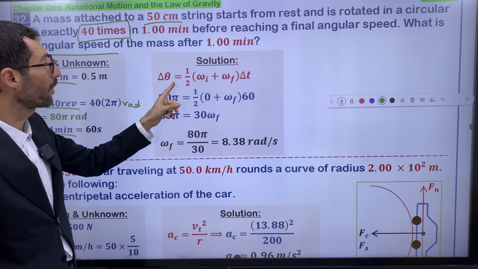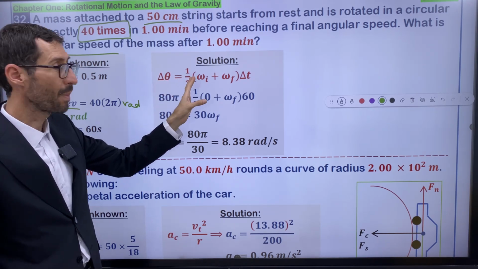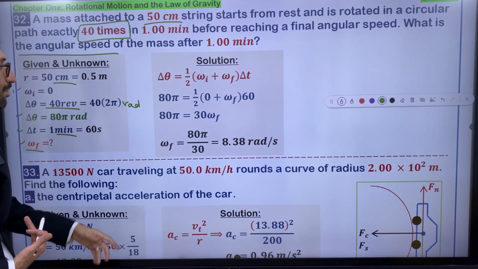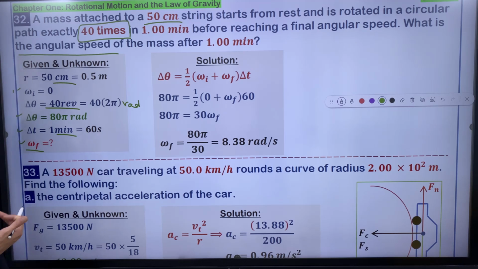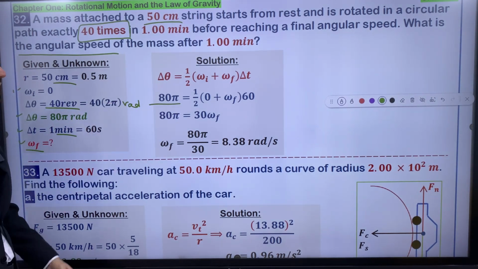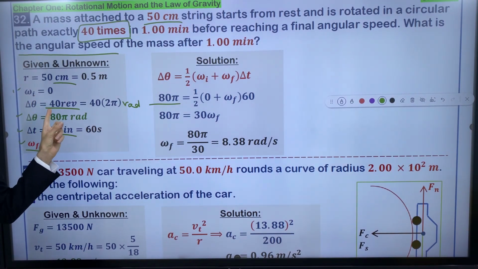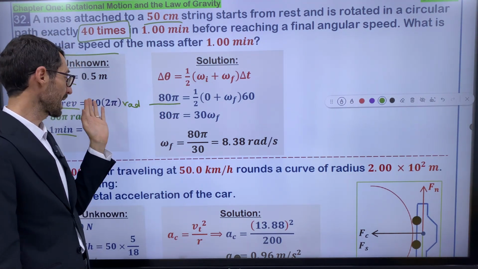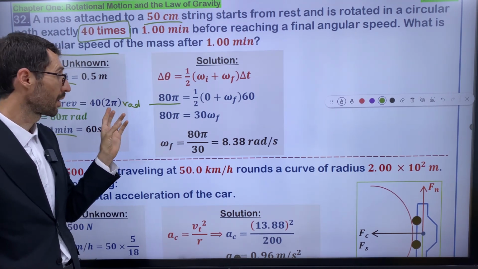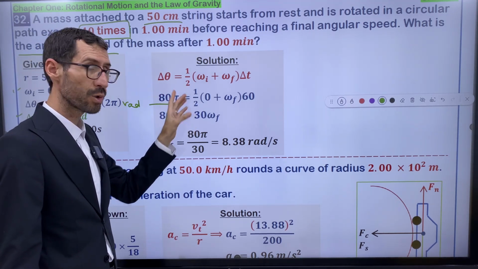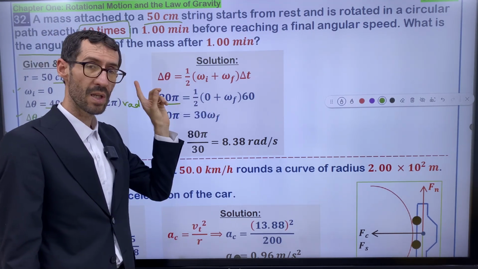Delta theta becomes 1 over 2, omega I plus omega F, multiplied by delta t. Delta theta becomes 80 pi, right? Because we had 40 revolutions converted to rad, so it becomes 80 pi is equal to 1 over 2. Omega initial is equal to 0.